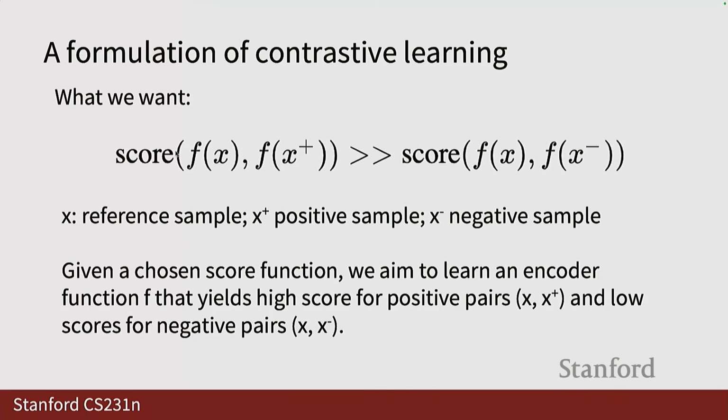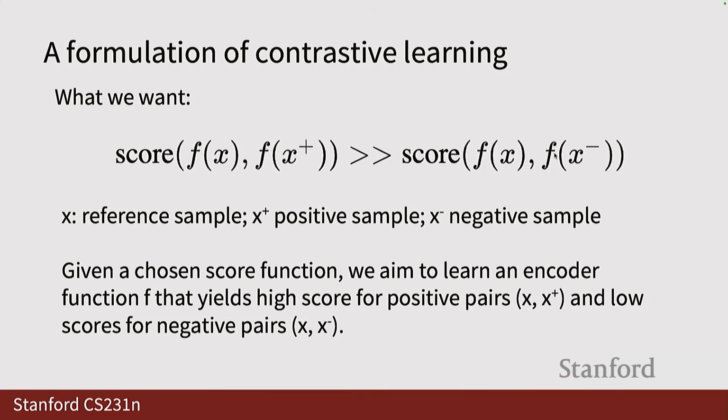We want to get a scoring function that says the score for the reference image, the encoded version, the features of the reference image, and the features of a positive sample should be larger than the score comparing the reference image and the negative samples.